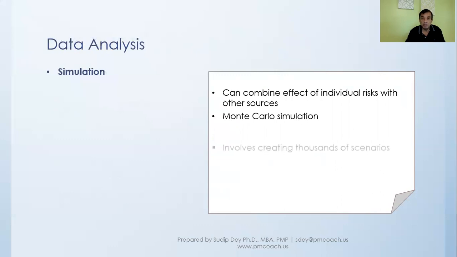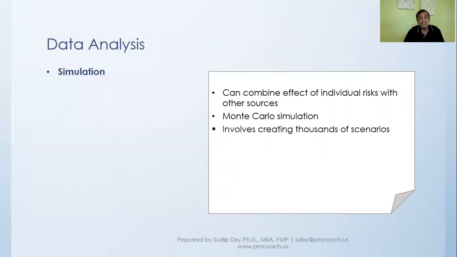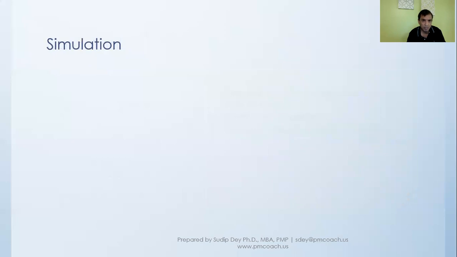The Monte Carlo simulation involves creating thousands of scenarios. And from the thousands of scenarios, we will come out with a curve based on which we'll be making a decision. Now let's look very briefly at how the Monte Carlo simulation works.